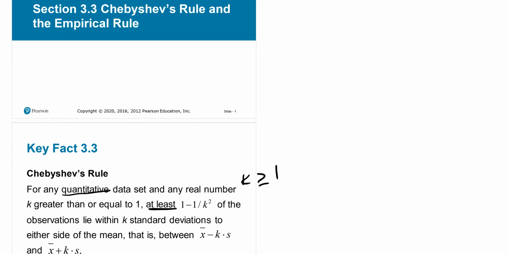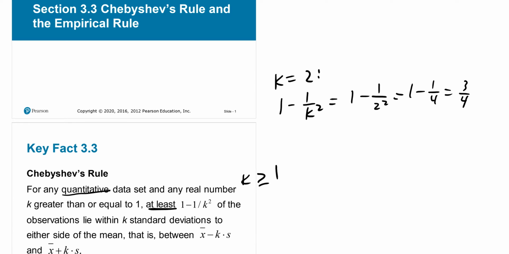So for example, if we take k equals 2, that's the smallest one. Substitute that into 1 minus 1 over k squared. That would be 1 minus 1 over 2 squared, 1 minus 1/4, that's 3/4. If you multiply by 100% and simplify, that's 75%.